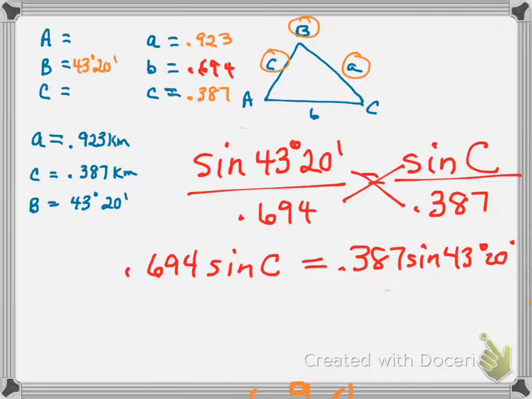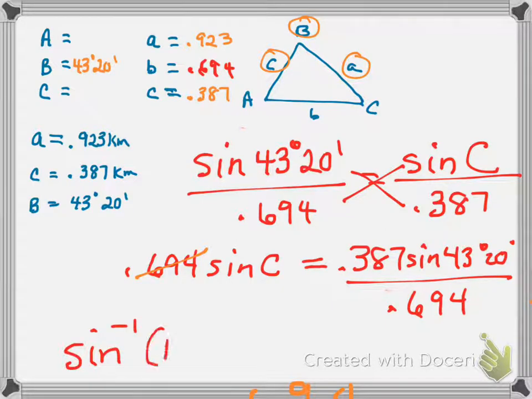So just take this, mark it off, divide by it on the other side, 0.694. Or we could have just used the fish method that you learned in middle school. This times this divided by this will give me this. All right, so I'm going to type this in the calculator, and then I'm going to do inverse sine to find this angle measure. Anytime you're looking for an angle measure, you tell the calculator to go backwards. So I will do inverse sine of my answer to this problem. Okay, so find this answer and then do the inverse sine of that.